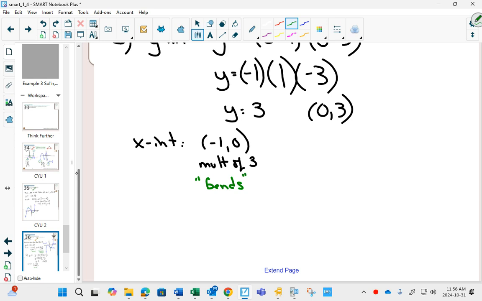That's why my B has that little F top to it. Okay? And the other one was at 3, 0. Multiplicity of 1. This one's going to go straight through.